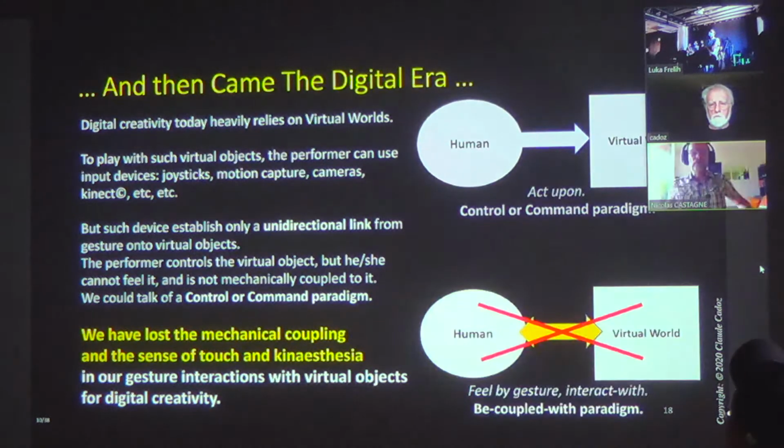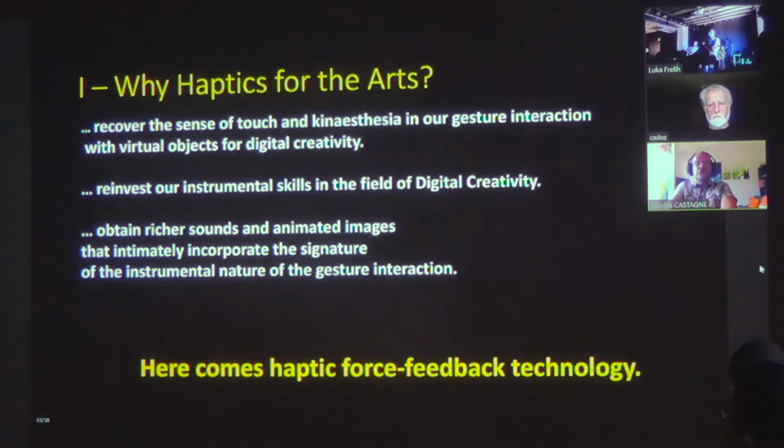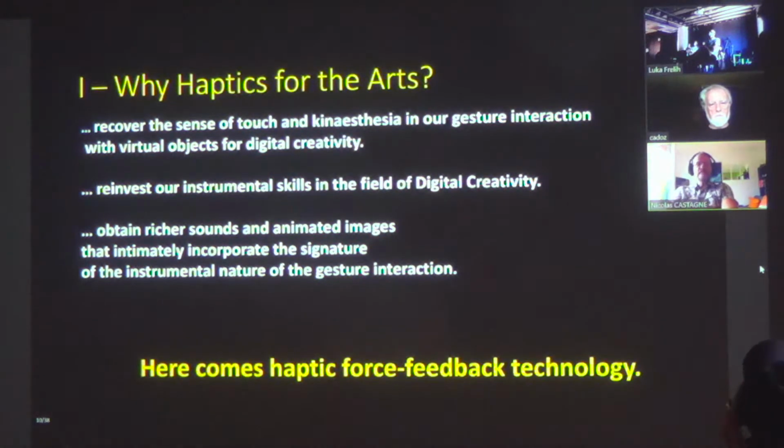So, with digital means, we have globally lost the mechanical coupling and the sense of touch and kinesthesia in our gesture interactions with virtual objects, especially for digital creativity. So why haptics for the arts? In short, with only three short ideas.